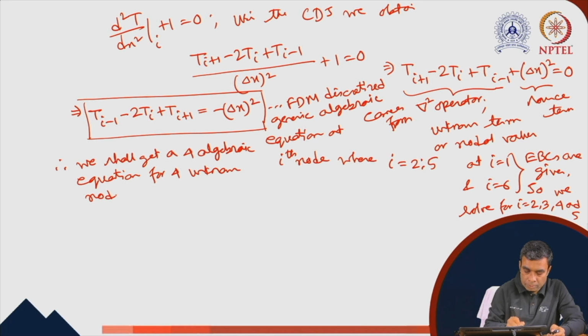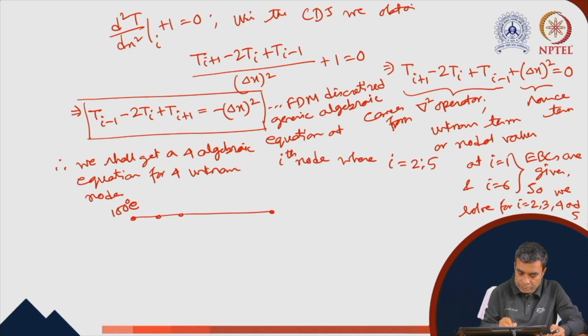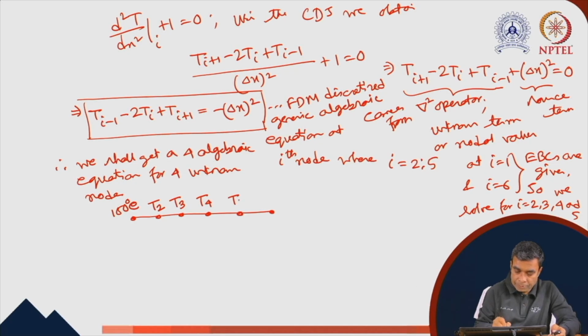Now, if we plot our grid, we have the first temperature given as 100 degrees centigrade. Now we have the nodes here. So this is i equals 2, so this is T2, this is T3, this is T4, this is T5 and this is T6, where 50 degrees centigrade is given, and this is T1 given as 100 degrees centigrade.